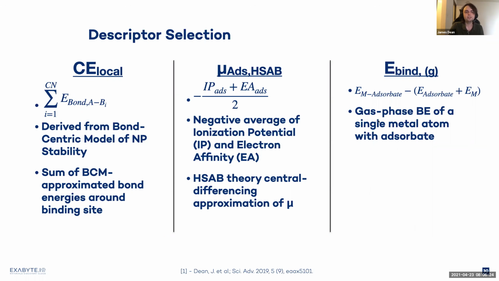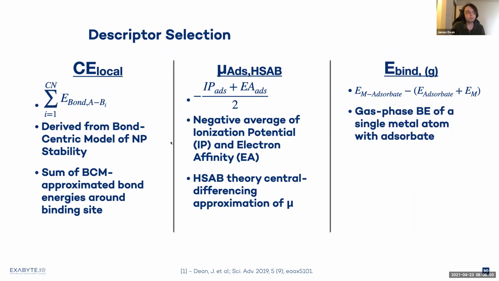They call this MADS because it's the metal adsorbate binding energy, but in principle, it's just a gas phase binding energy. These two descriptors, the chemical potential and the binding energy in the gas phase, give us a descriptor for the relative stability of the adsorbate. And then the gas phase binding energy and the local cohesive energy give us a descriptor of the relative stability of the metal and the binding site.